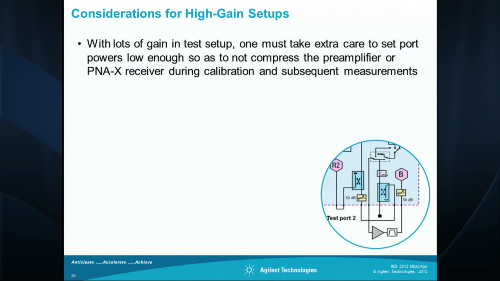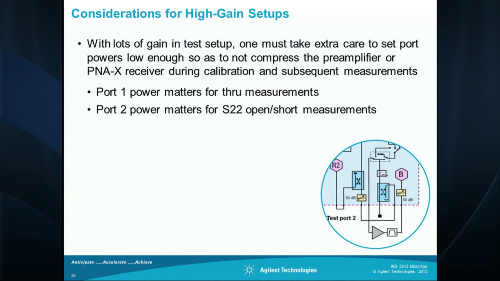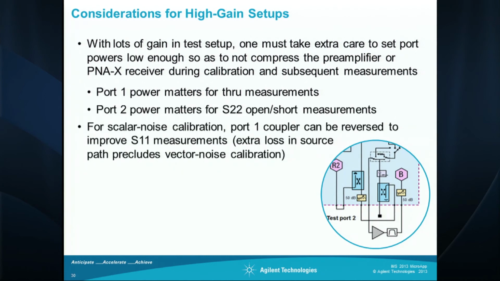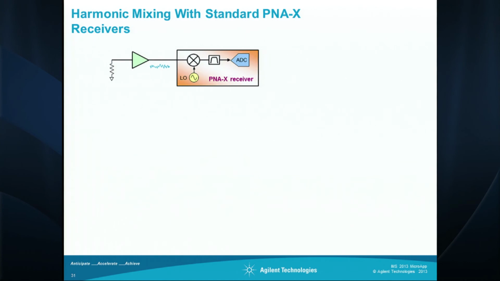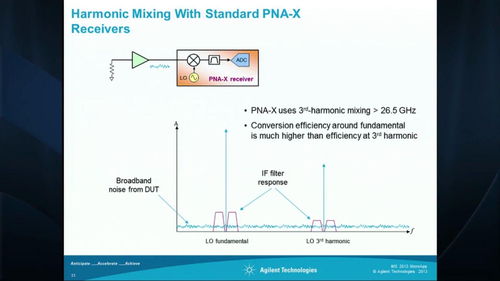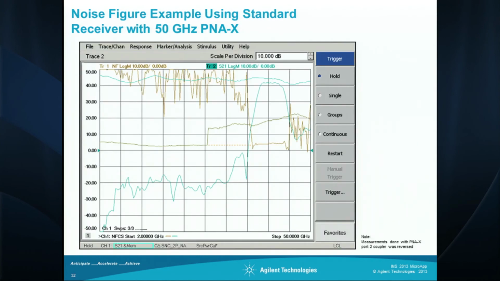And there are some practical tips here which you can look at on your own on some of the issues to avoid problems during the calibration and the measurement in terms of overdriving things. One thing is you need to filter out-of-band harmonic noise, and there are some examples here of what happens if you don't do that.